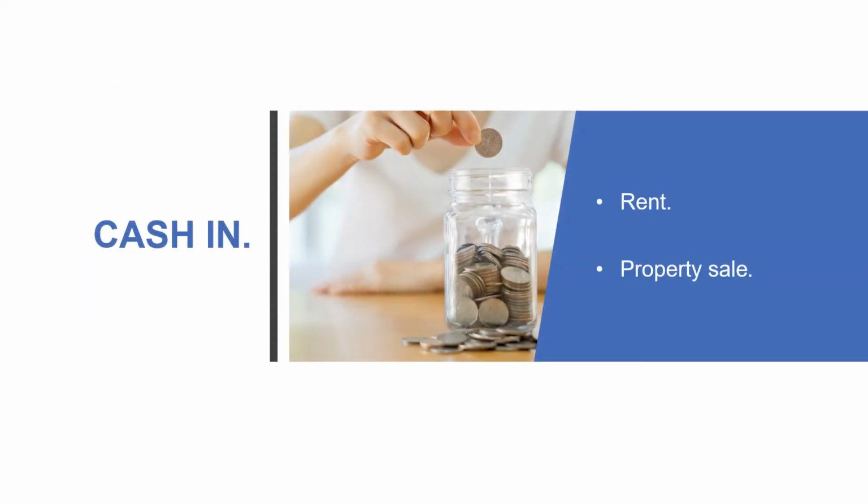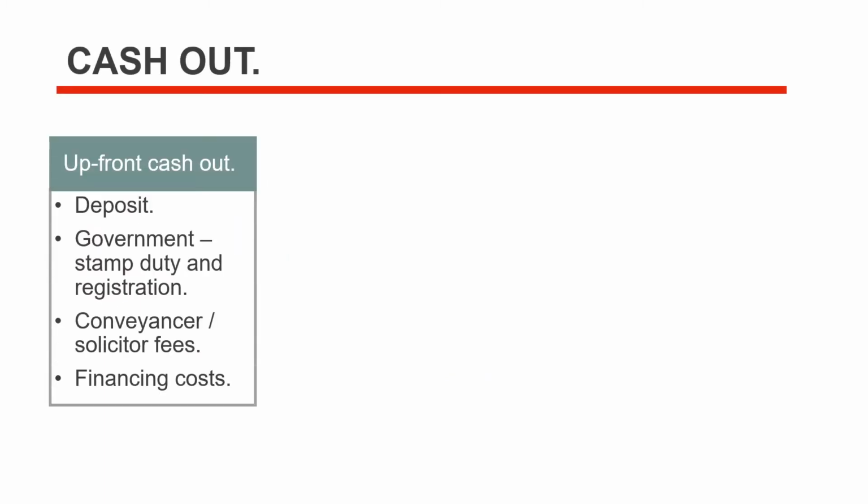So we have cash coming in from the investment in the form of rent, and looking at the investment holistically, we'll also have cash in when we sell the property and exit the investment. Then, in terms of cash out, firstly, there are a number of upfront costs, including the property purchase. Now, this was covered in the financing and investment property video, so I won't go into those details again here.